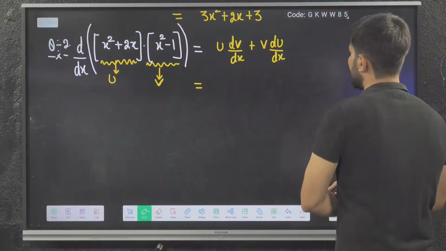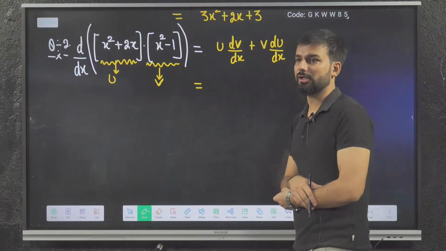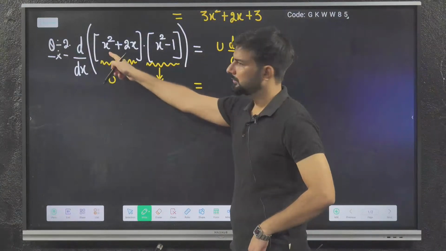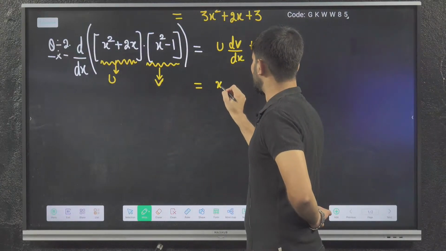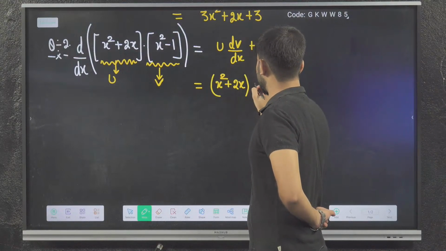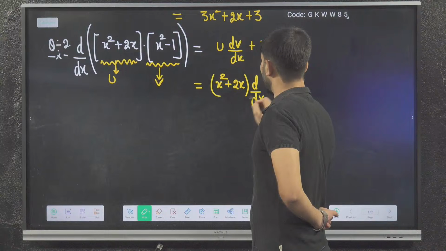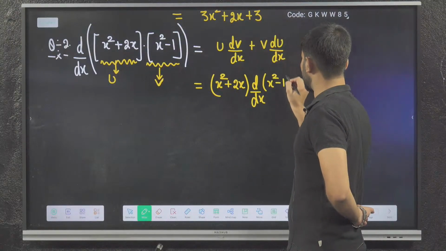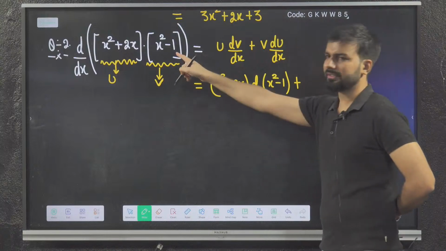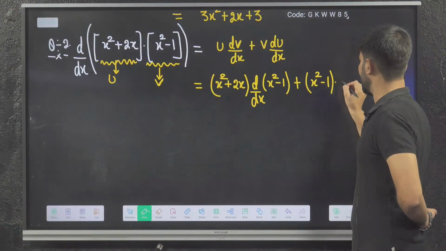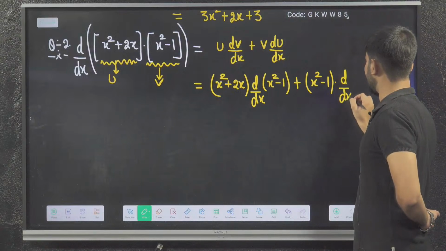I'll be solving it on the board. Let's see whether I'll get the answer or not. The first function will be what? First function is x square plus 2x, and then next we will be having v. What is my v? It will be x square minus 1, plus v again, x square minus 1 into differentiation of first function.